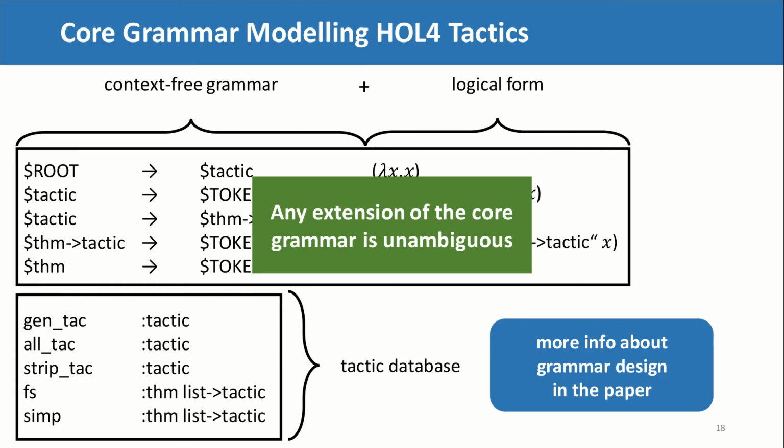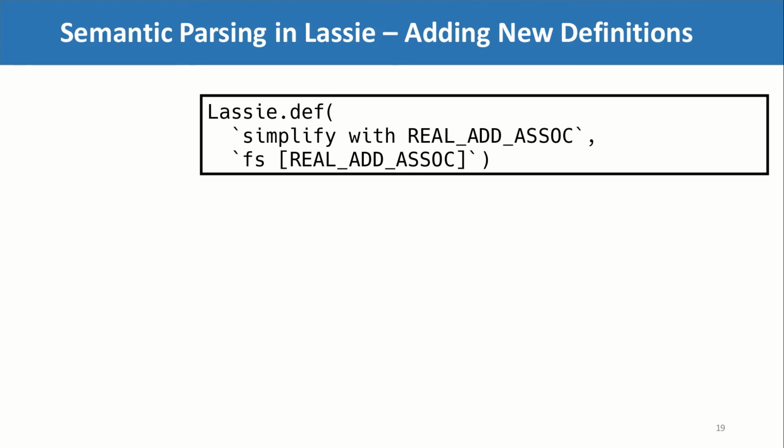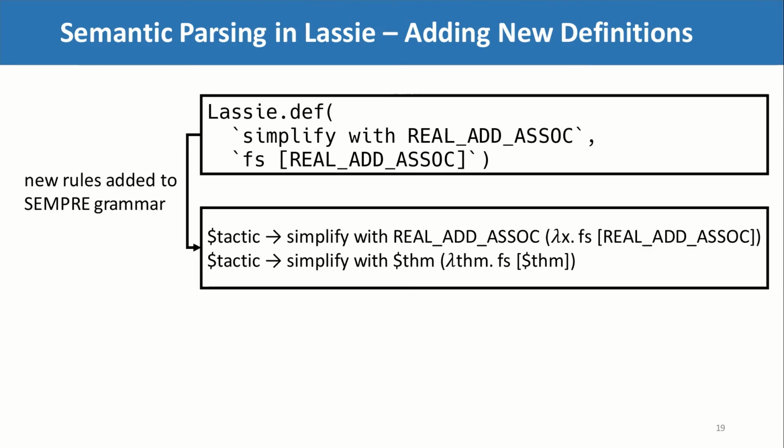In the interest of time, I would now like to go into the details about how def works. If we define, for example, simplify with real add assoc to be a call into the fs simplifier with that theorem as its only parameter, Sempre will add two new rules to the grammar.